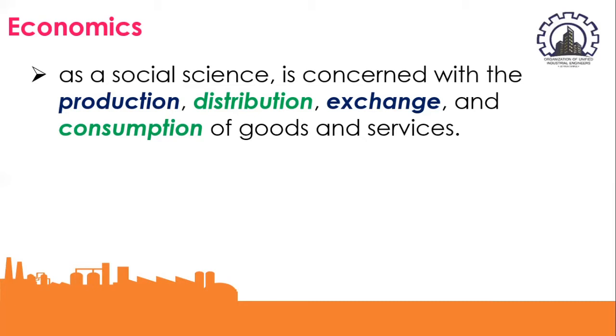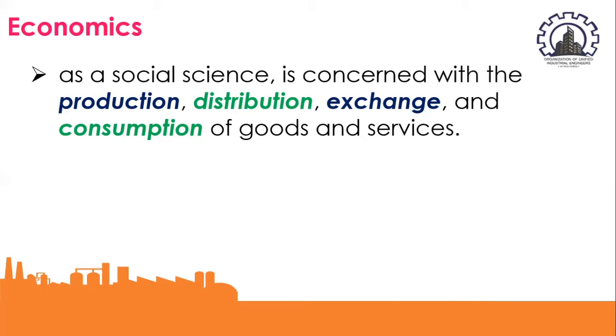So if we see economics as a social science, it is actually concerned with the production, distribution, exchange, and consumption of goods and services. So if we say production, this is the very start of the process. We produce the goods and services.